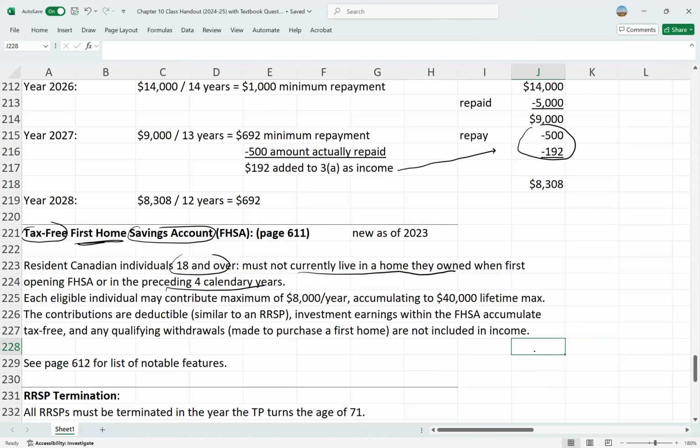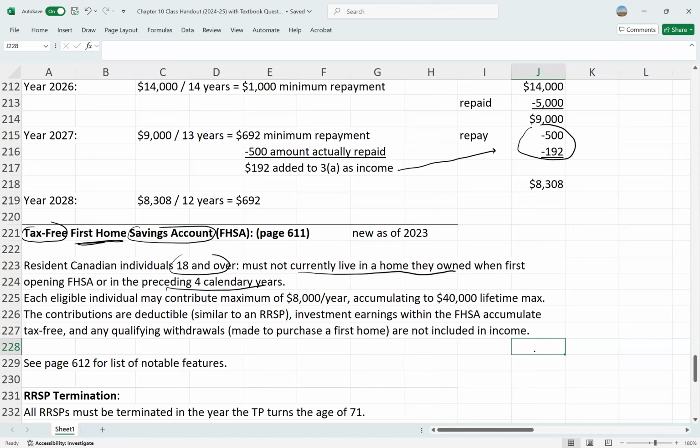For the home buyers plan, you can't already be living in a home and then take money out to buy another home. So if you already are living in a home, then you cannot access money under the home buyers plan, or you cannot have lived in a home in the last 4 years as well.